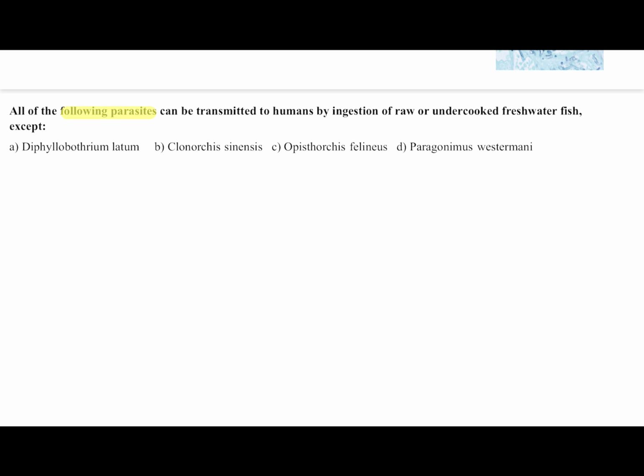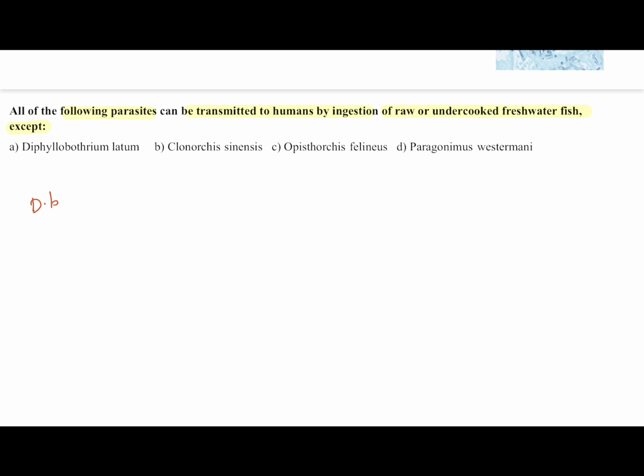Next is, all of the following parasites can be transmitted to humans by ingestion of raw or undercooked freshwater fish except. There are a few organisms which are transmitted by raw or undercooked freshwater fish.